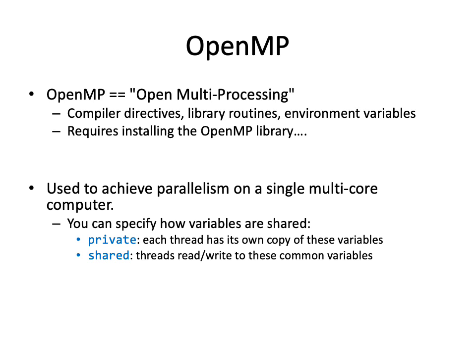But when you say, here's a section of parallel code, you can say that each thread is going to have its own copy of certain variables by declaring those variables as private. Or you can give a list of variables and say that those variables are going to be shared. So you can specify shared variables and you can specify private variables.